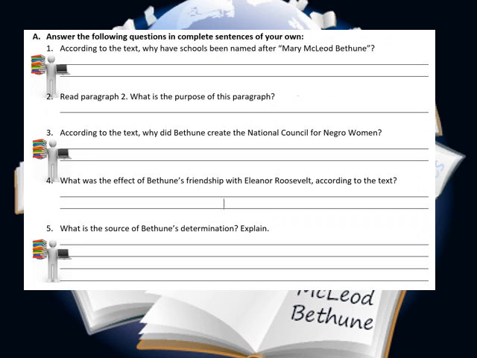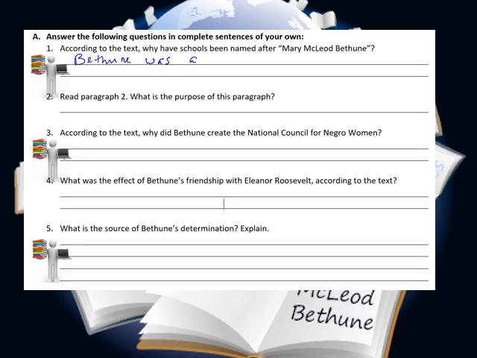Go ahead, Lua. According to the text, why have schools been named after Mary McLeod Bethune? Because she was a successful and well-known educator, that's why the schools have been named after her.